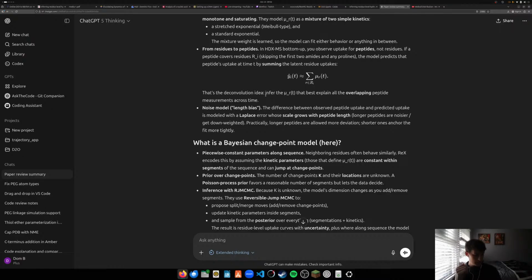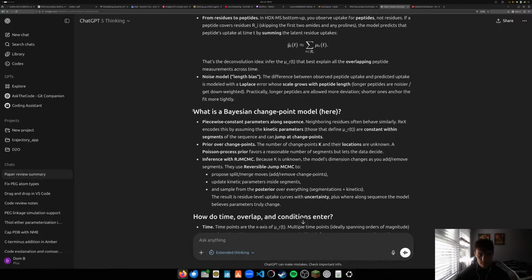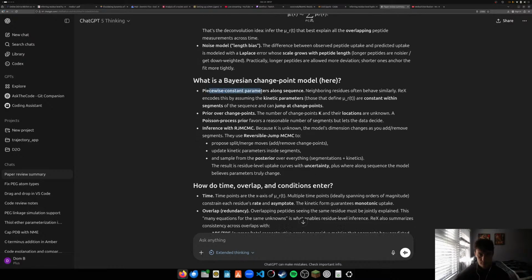I mean, I'm essentially doing a deconvolution, I guess. Noise model, length bias. Piecewise consistent parameters. Neighboring residues.